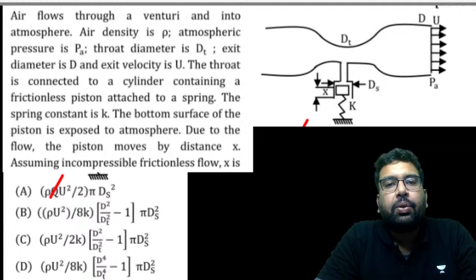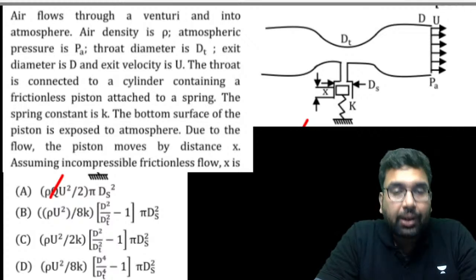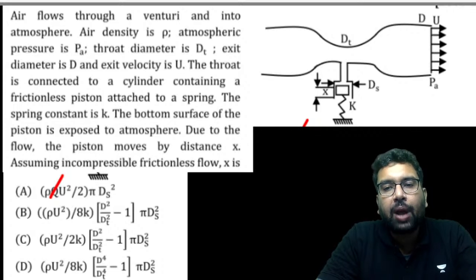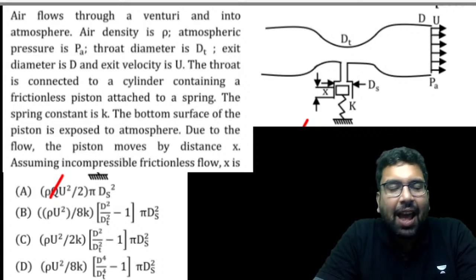Air density is rho, atmospheric pressure is PA, throat diameter is dt, exit diameter is d, exit velocity is u. The throat is connected to a cylinder containing a frictionless piston attached to a spring. The spring constant is K. The bottom surface of the piston is exposed to the atmosphere. Due to the flow, the piston moves by distance x. Assuming incompressible frictionless flow, x is... and we have some options.